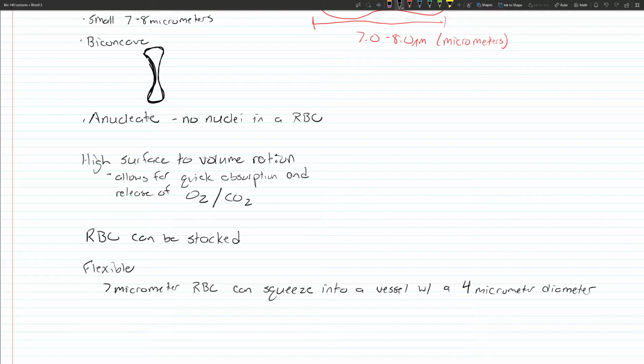So almost half. A red blood cell, about seven micrometers across, can fit into a vessel about half its width. So it's very, very flexible.